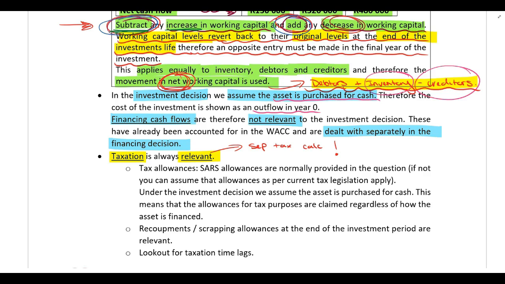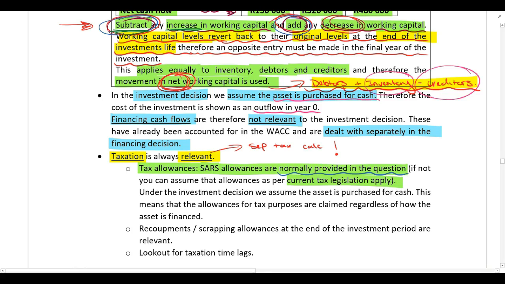Now, please note, normally those allowances are given to you in the question, but if it's not given in the question, please assume that the current tax legislation applies. So whatever you have in your tax act for that specific asset, please follow the same rules. It's very unlikely that that will happen because you are normally given the SARS allowances in the question.